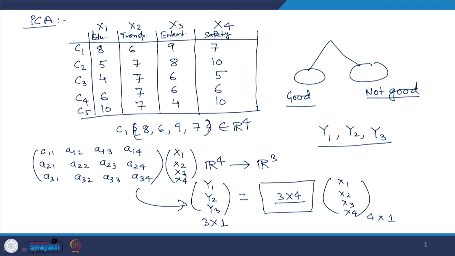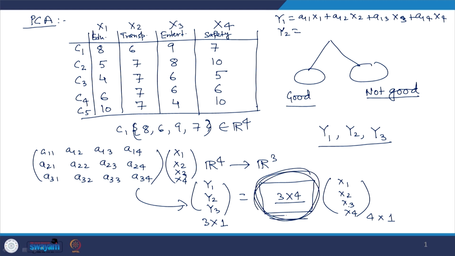What I want to say here is that y1 is just a linear combination of all these 4 features. Similarly, y2 will be A21 into x1 plus A22 into x2 plus A23 into x3 plus A24 into x4, and similarly for y3. So, how do we find this matrix?